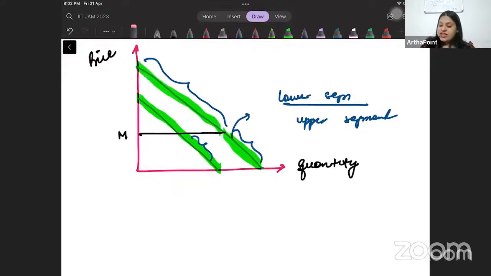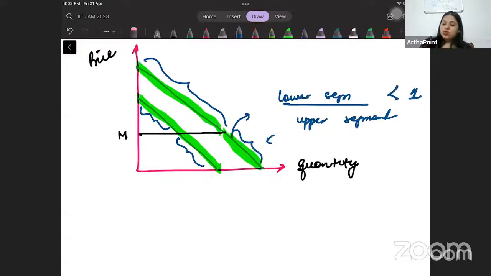In first case, I see that lower segment and upper segment are very equal, very close to each other. It will be very close to 1. But here, नहीं, lower segment is smaller, upper segment is bigger. So elasticity is going to be less than 1. So two demand curves which have the same slope can have different elasticity.